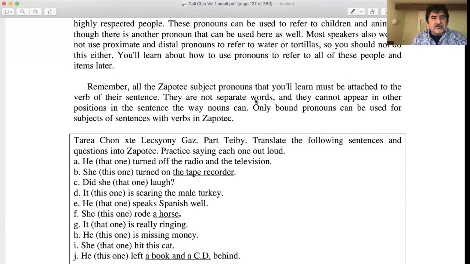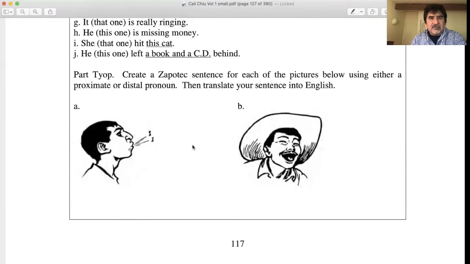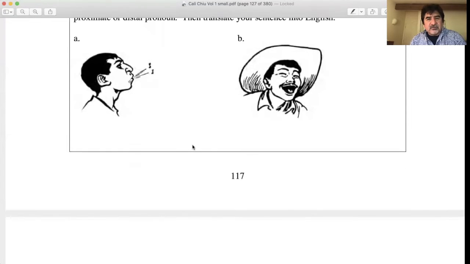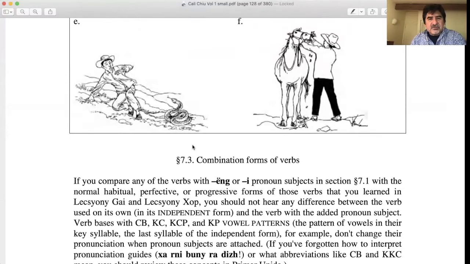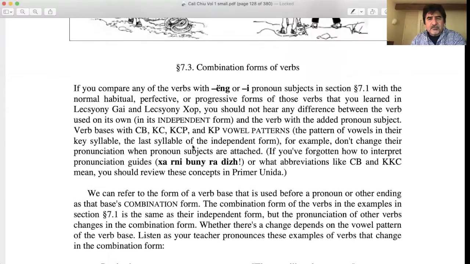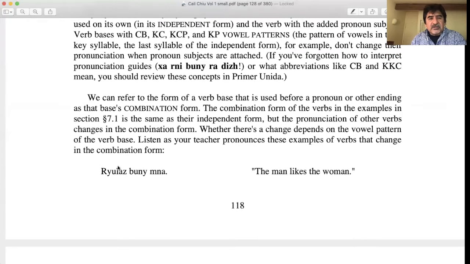So this is your next homework. Please do it. Only by practicing will you get better and better. So go over this section, and also read this part.